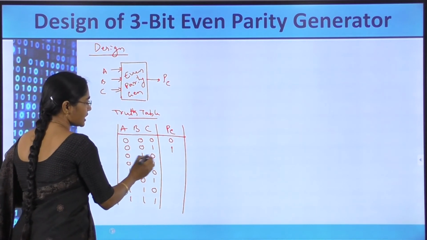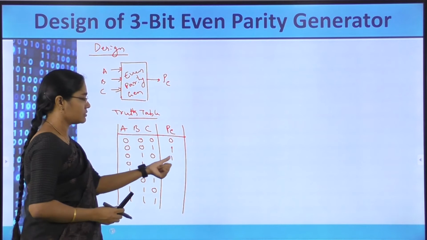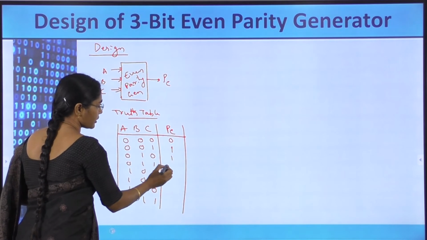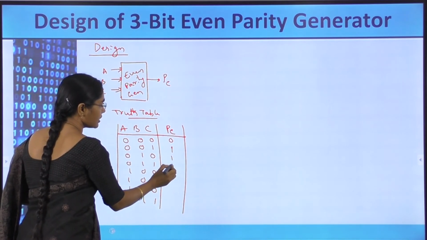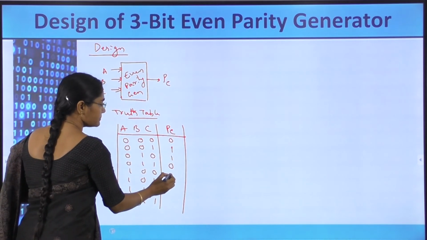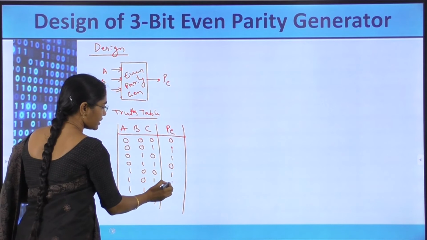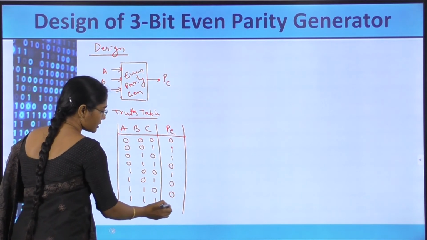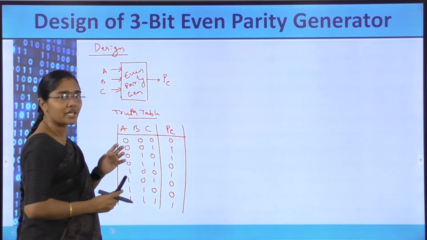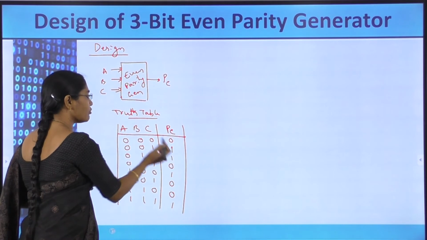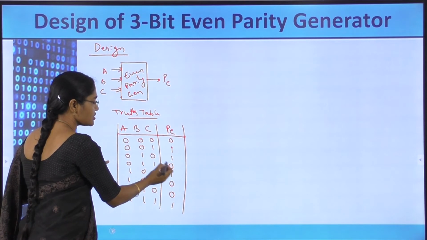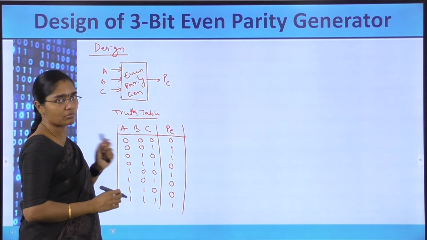Similarly 0 1 0, single 1, giving 1. For 0 1 1, there are already 2 ones, an even number, therefore it will generate 0. For 1 0 0, it is 1, and for 1 0 1, it will be 0. For 1 1 0 it is 0, and for 1 1 1 it will be 1. So this is the truth table of the even parity generator: it generates 1 if the data consists of an odd number of ones, or 0 if the data consists of an even number of ones.